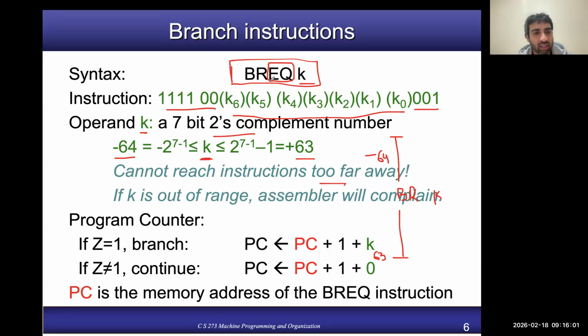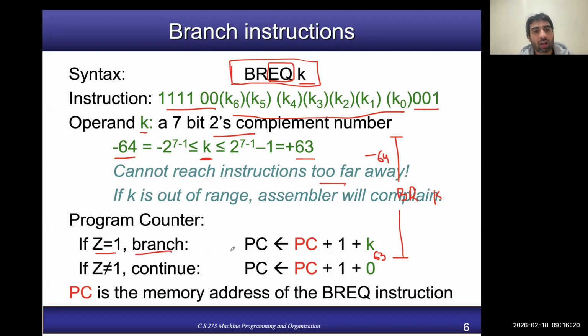The value of the Z flag is 1, right? So what does this instruction do? It looks at the value of the Z flag. If the Z flag is 1, it means those two numbers were equal, and that's why it will take the branch. It will go to the destination address.